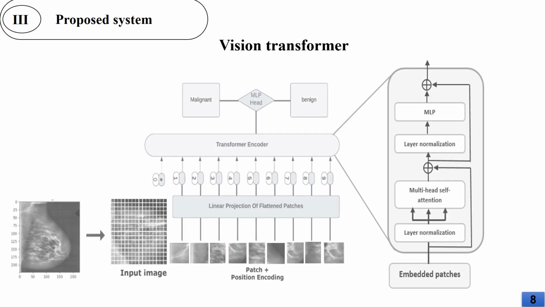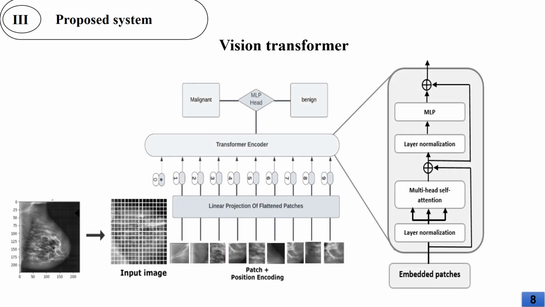Now let's explain the vision transformer technique. The vision transformer technique for image classification adopts the self-attention mechanism from the original transformer model used in natural language processing, NLP.